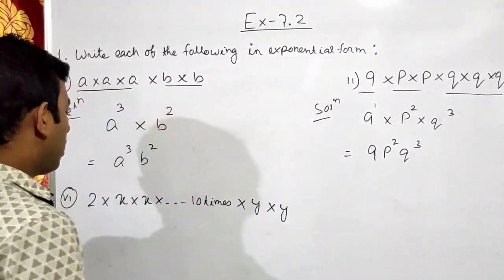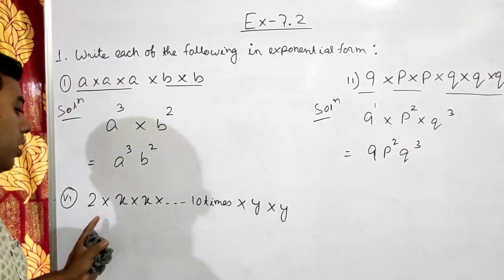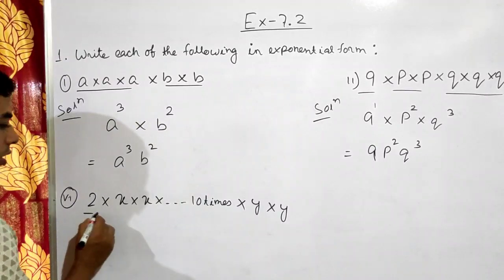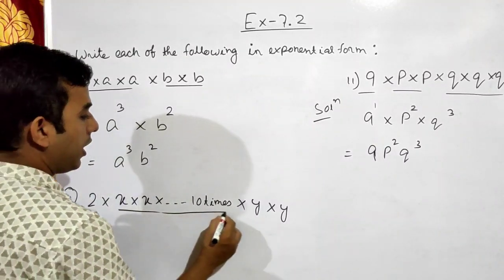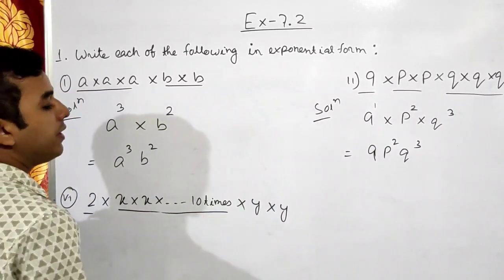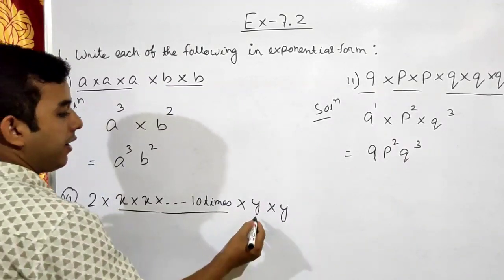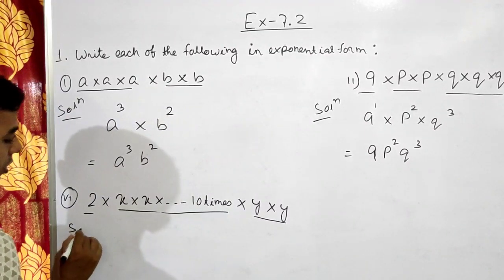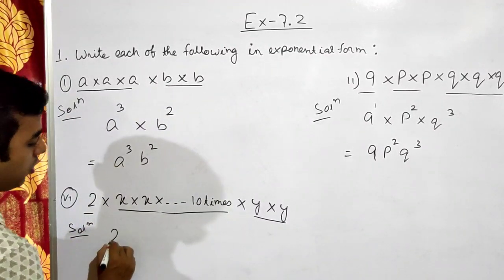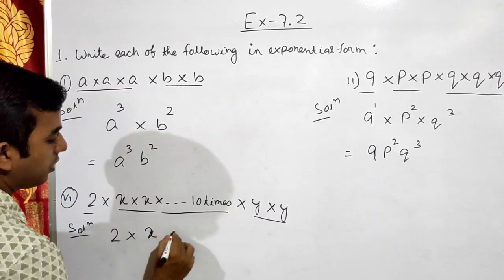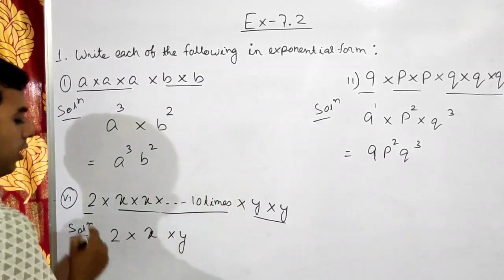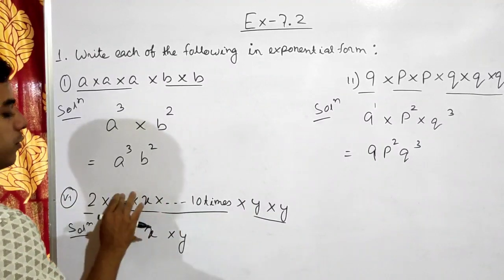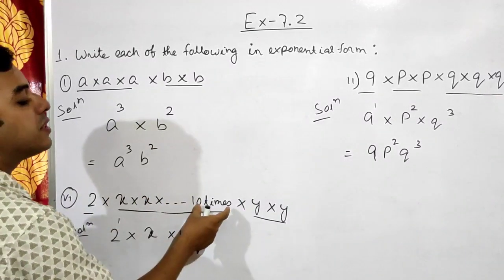Look, which numbers are multiplied? First one is 2, second one is x. Here x is multiplied how many times? 10 times. And the third one is y. So first we write the solution, then we write 2 into x into y. Here how many times is 2 multiplied? 1 time. X is multiplied how many times? Total it is 10 times, isn't it?